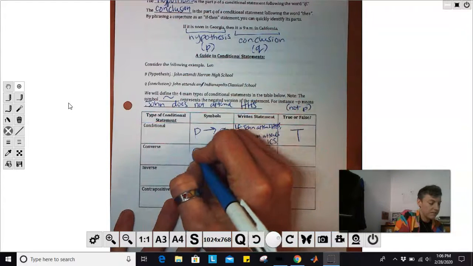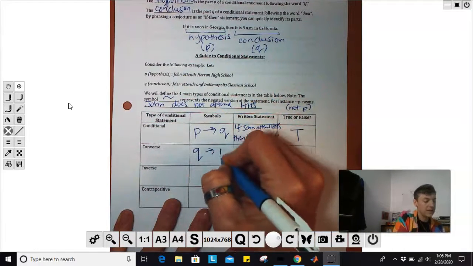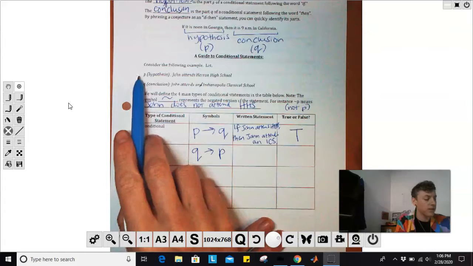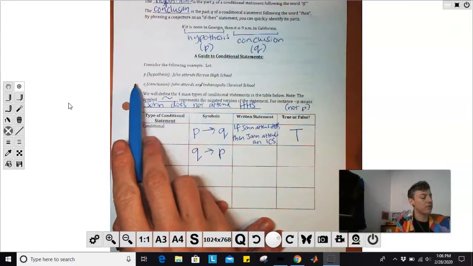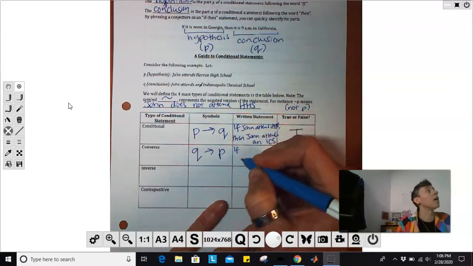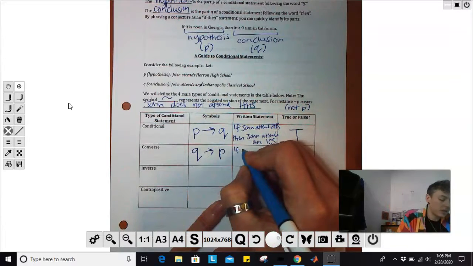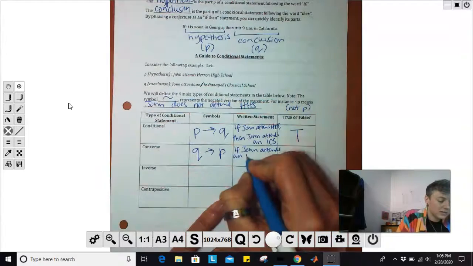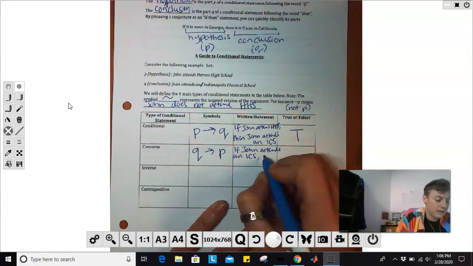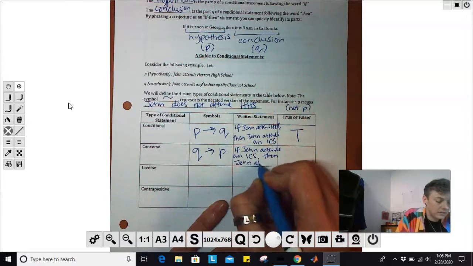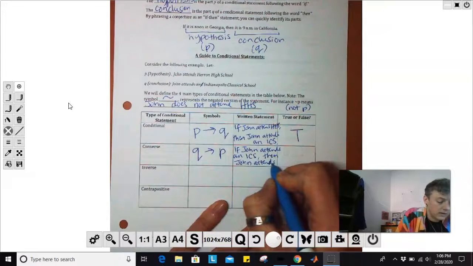So we'll say, if Q, then P. So instead of starting out with, if John attends Heron High School, we're going to start out with, if John attends an Indianapolis Classical School, then John attends Heron High School.